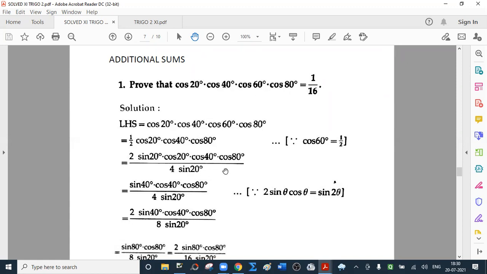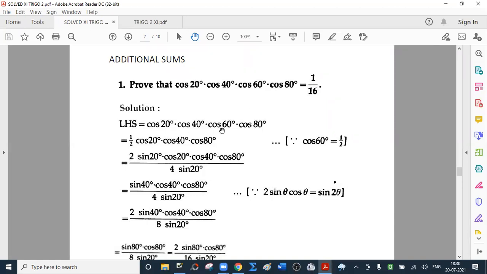Here an altogether different method is used, and that is why I have taken this separately. Otherwise, the three sums will be, instead of cos, first sine 20 degree, sine 40 degree, sine 60 degree, sine 80 degree, which is 3 upon 16. This is cos. And if you take the ratio, then tan 20 degree, tan 40 degree, tan 60 degree, tan 80 degree will be 3.